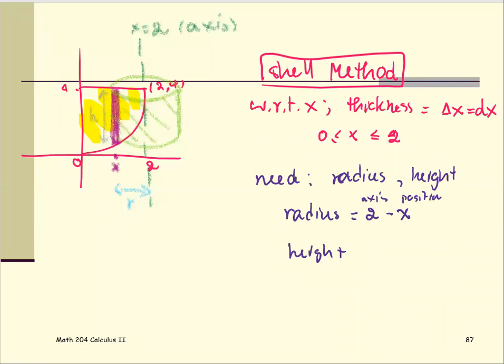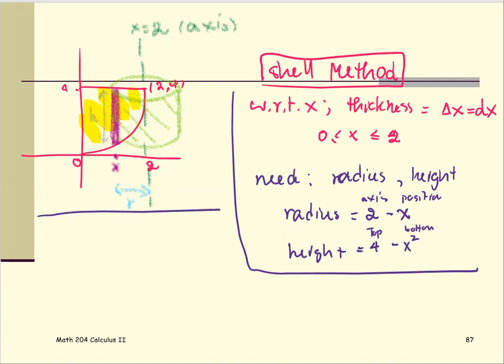And this is with respect to x. We do not have to rewrite the function in another form. So our height will be the top part, which is y equals 4, minus the bottom part, which is y equals x squared. So I'm going to put a note here. This is top minus bottom graph. And there's nothing we can simplify at this point for the prep information.